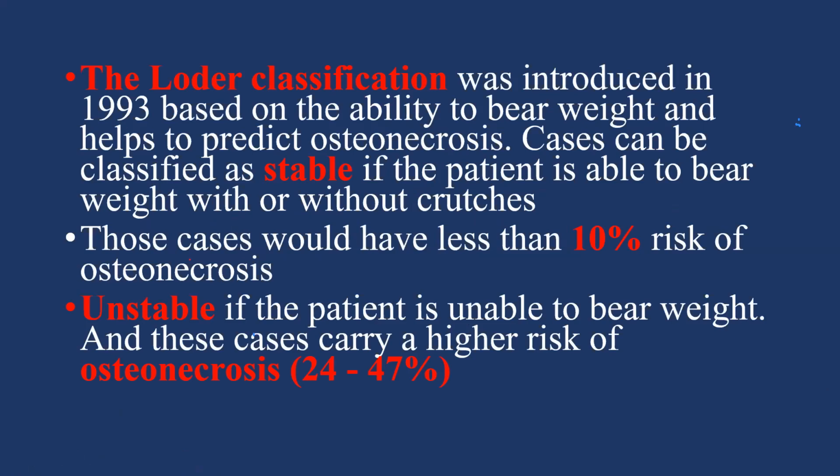Those cases would have less than 10% risk of osteonecrosis. Unstable if the patient is unable to bear weight, and these cases carry a higher risk of osteonecrosis, 24 to 47%. Temporal Loder classification, where they divide it into stable and unstable.